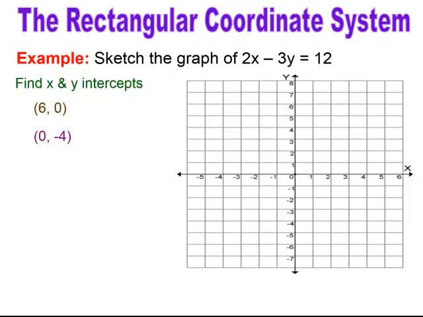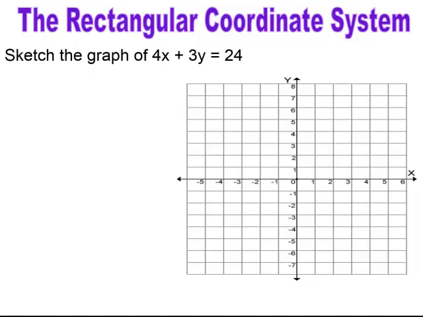Remember, the x-intercept will be on the x-axis, which will be (6, 0). My y-intercept will be on the y-axis, which is that (0, -4). Make sure you're plotting them on the right axis, and then you can draw your line and you graph the equation of the line using your x and y intercepts.